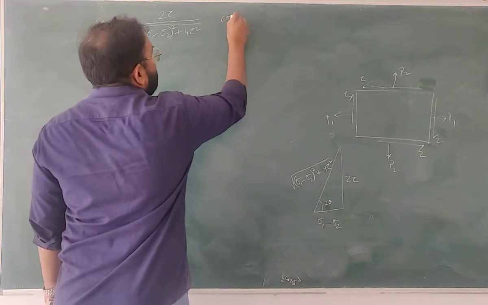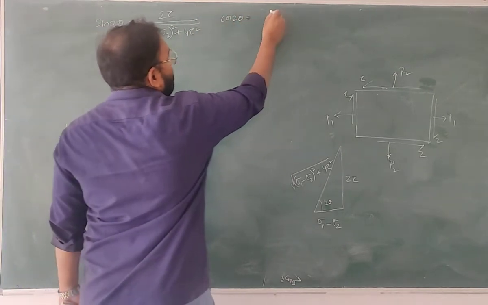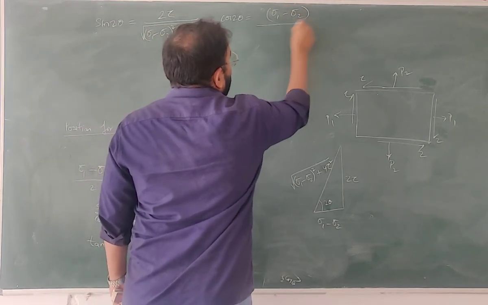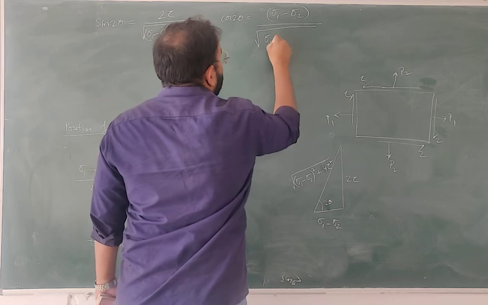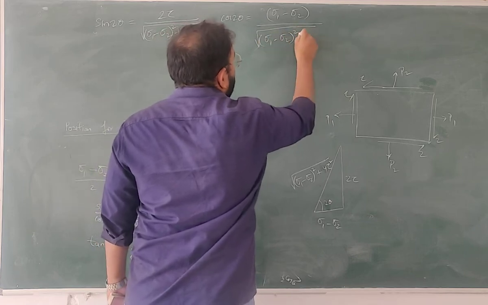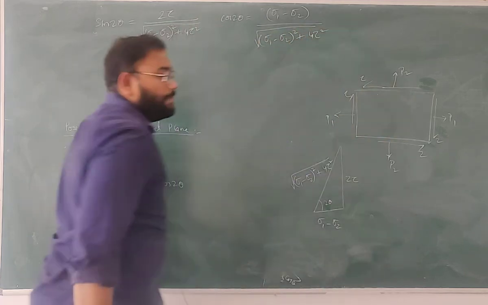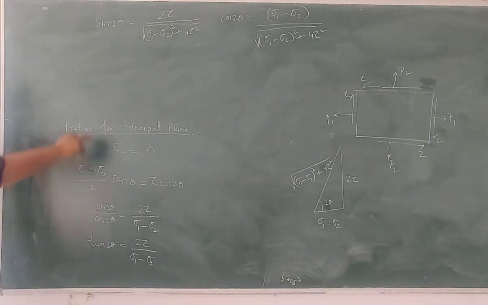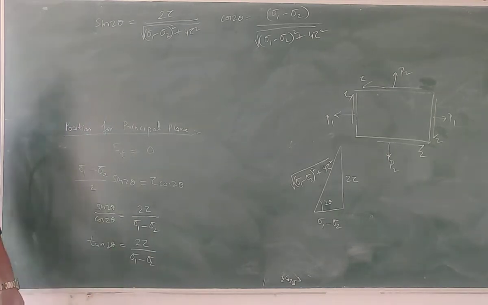Similarly, cos 2 theta is equal to sigma 1 minus sigma 2 divided by under root of (sigma 1 minus sigma 2) square plus 4 tau square. You got the values for sine and cos.